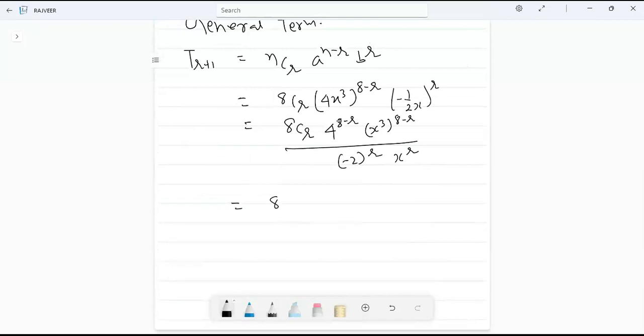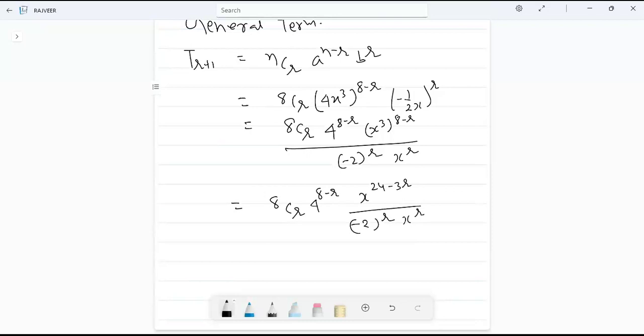Okay. So this can be written as 8CR, 4 to the power 8 minus r, x to the power 3 times 8 minus r, that is 24 minus 3r, and divided by minus 2 to the power r, x to the power r.